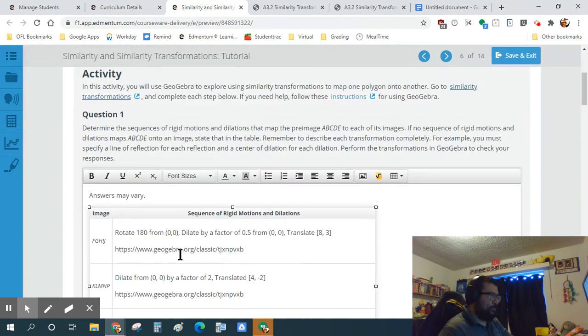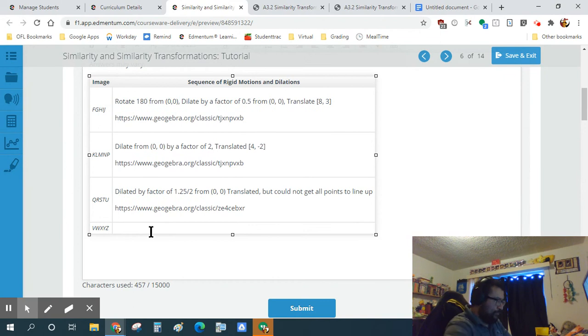So if I look at my movement, I moved one to the right and one down. A pretty simple transformation. So first thing I did was reflect. Oh, no, first thing I did was dilate by a factor of 1.5 divided by 2. Then I reflected about the x axis.